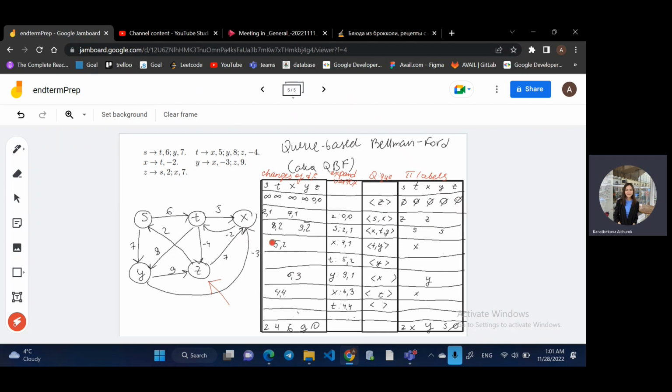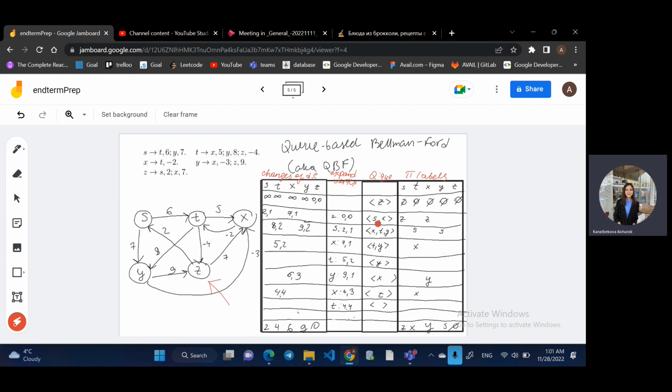And then we look at this node, and we see that it has outgoing edges to X and S, and we put them into the queue following the alphabetical convention. So we put first X and then S.